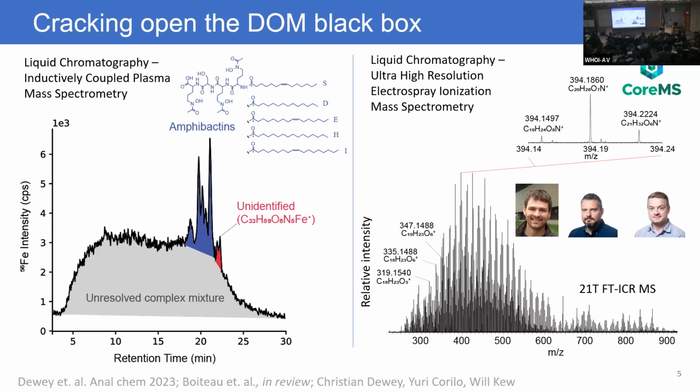This is based in a data informatics platform called CoreMS being developed by PNNL. What this allows us to do is assign molecular formula to most of the mass peaks that we have here. And from that, we can figure out which ones have certain elements associated with them, like iron, right? So these techniques allow us to identify the specific molecules that we're detecting here.